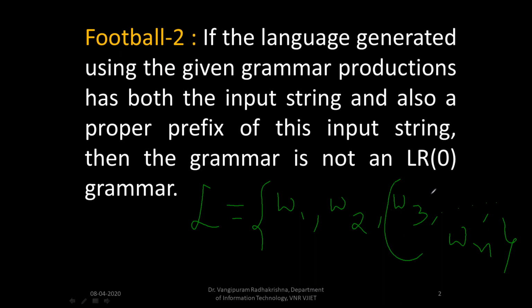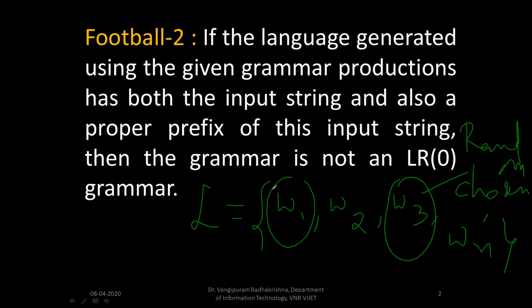If you randomly choose a given input string, assume that W3 is randomly chosen. Then if you are able to identify some strings which are proper prefixes of this string, say you have considered W1, and W1 happens to be a proper prefix of W3.